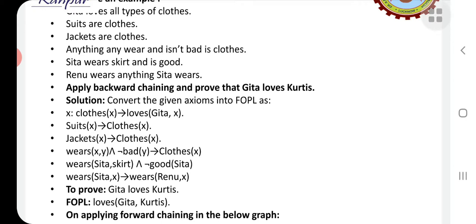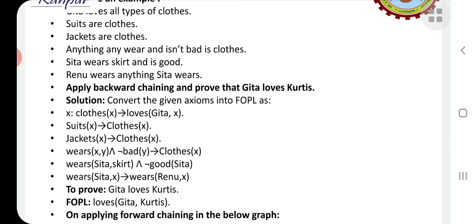Geeta loves all types of clothes, statement 1: clothes(X) implies loves(Geeta, X). You can easily convert this statement into FOPL.